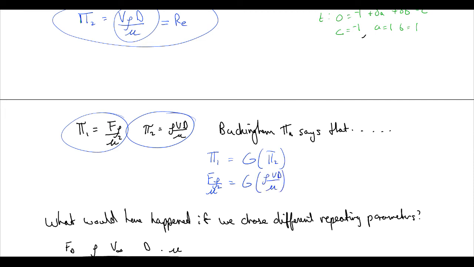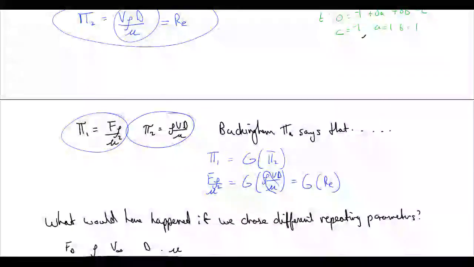Actually, we can rewrite this again if we want. This is equal to the Reynolds number. And if we really wanted to, we could do a whole bunch of experiments where we change the Reynolds number, and there's lots of ways to change the Reynolds number. We could change the fluid that it's in, we could change the velocity, we could change the diameter. We only have to change one of those in order to change the Reynolds number, and that's fine.